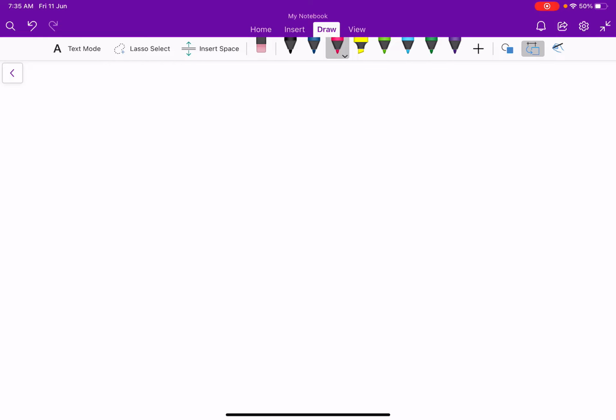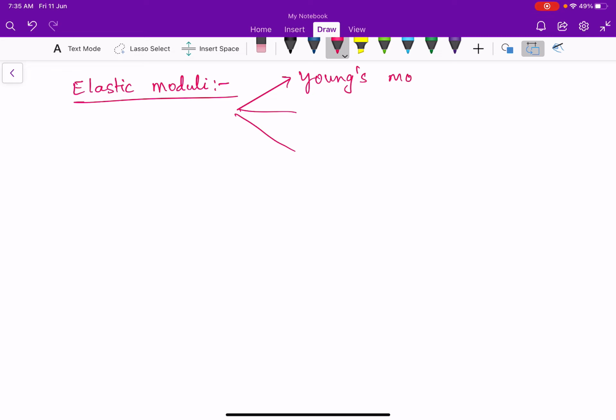Now we are going to discuss elastic moduli. The elastic moduli are of three different types. One is Young's modulus. The second one is shear modulus, or we also call it rigid modulus.